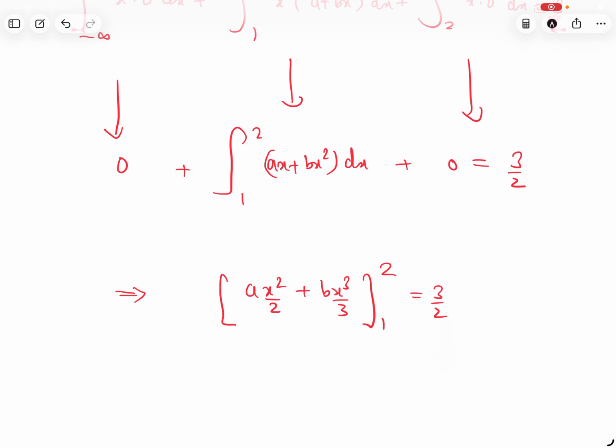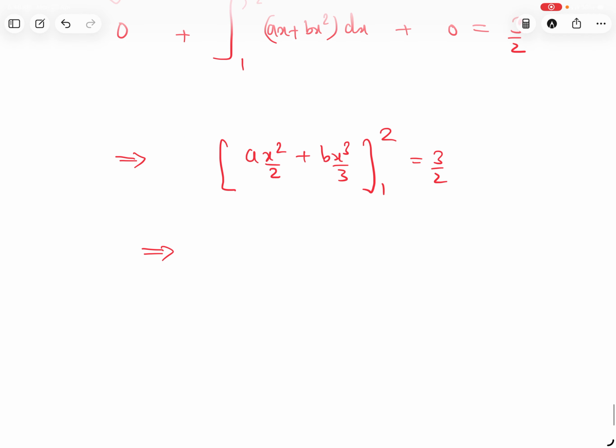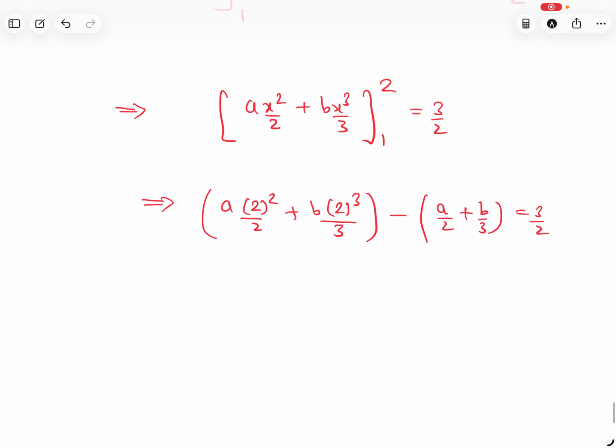So what is this? 2a plus 8b by 3 minus a by 2 plus b by 3 is equal to 3 by 2.